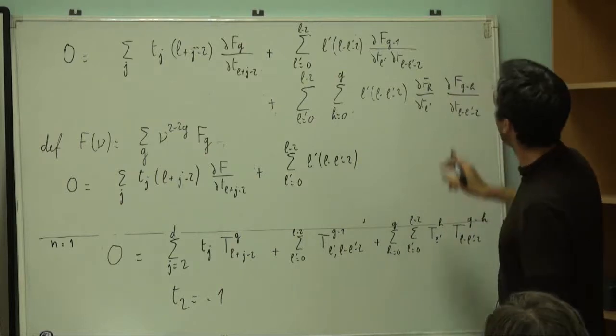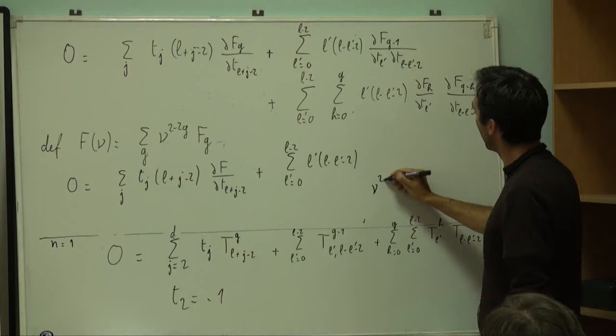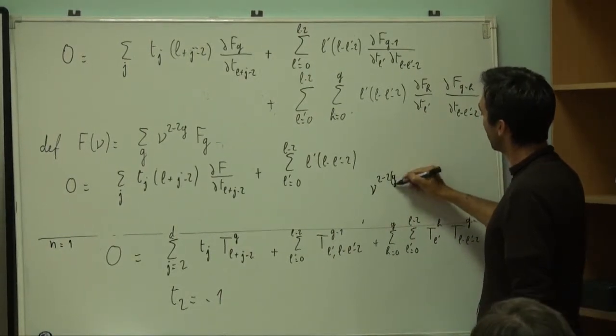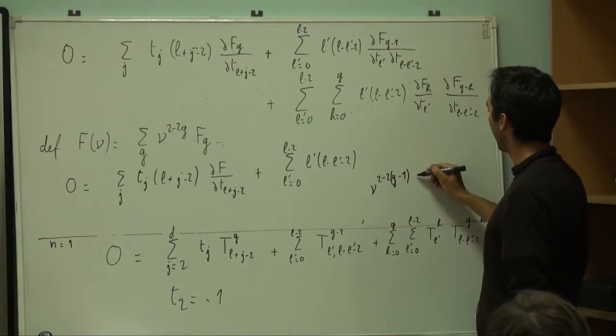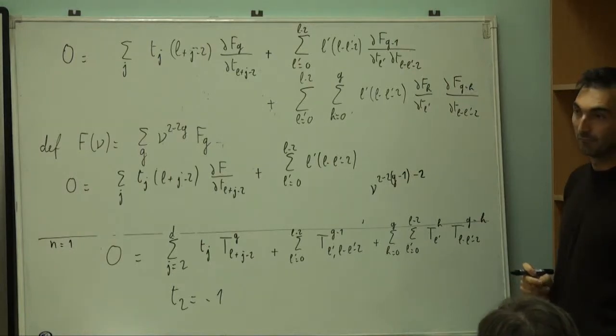So here, since I multiply by nu to the 2 minus 2g, and let me write it this way, minus 1, minus 2. Okay.